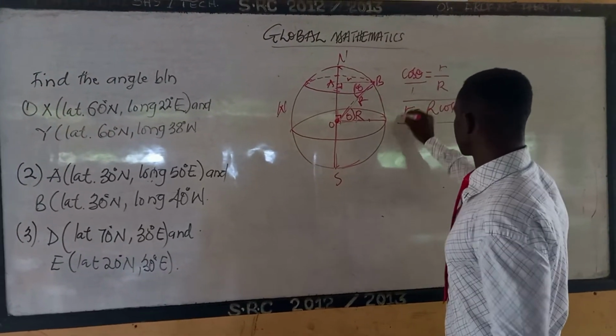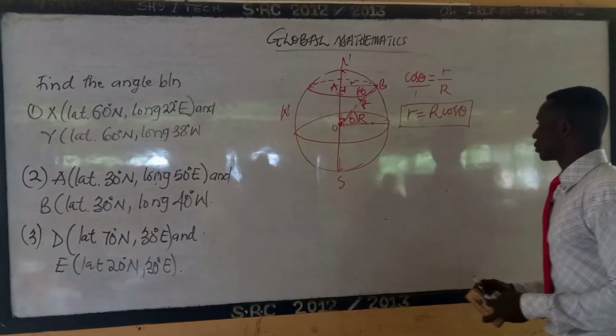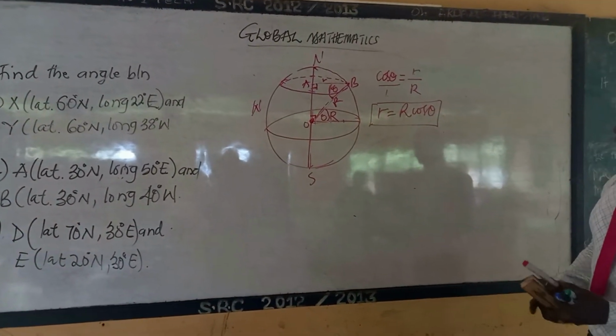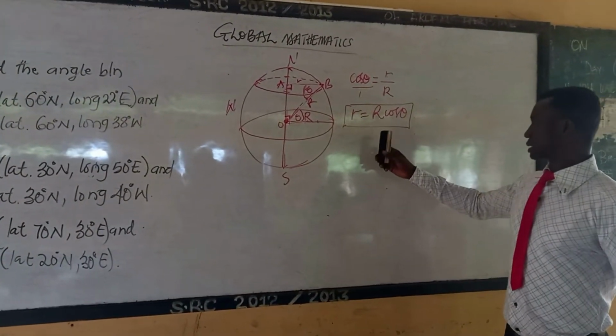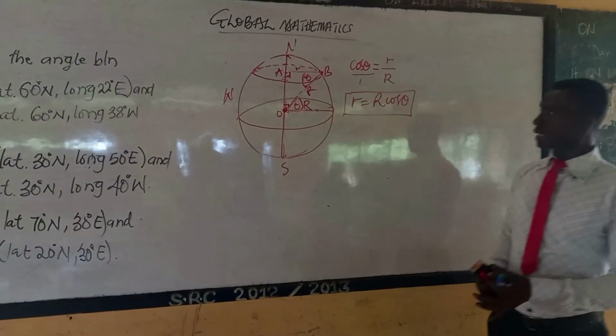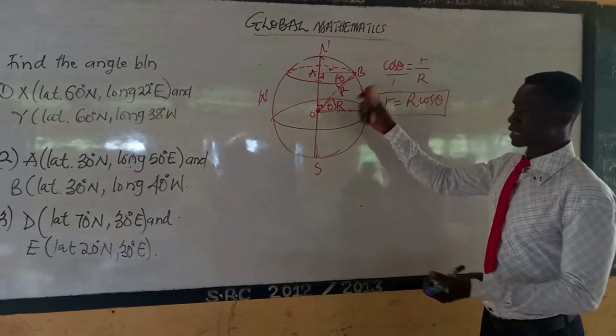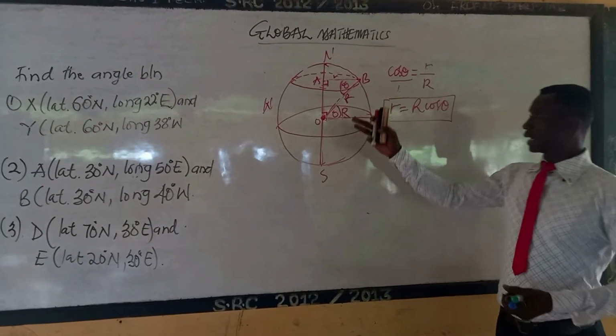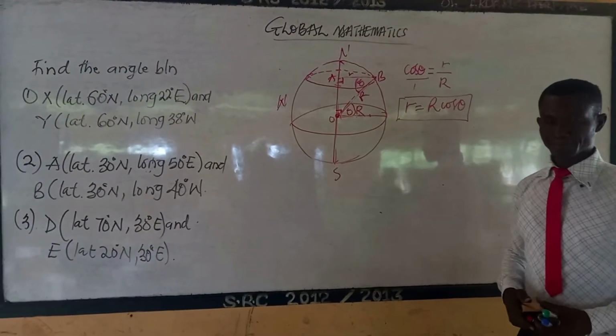So this is the relationship between small r and capital R: small r is equal to capital R cos theta, where theta is the angle that is created by the latitude, either at the north or south.